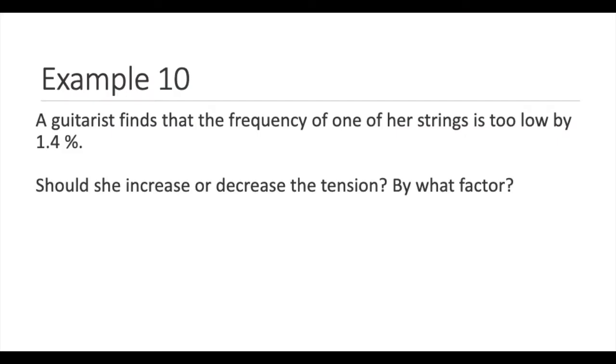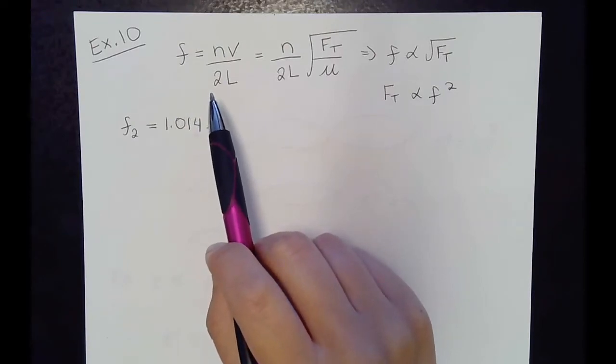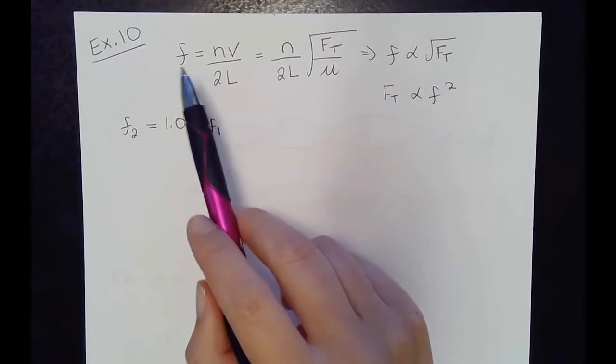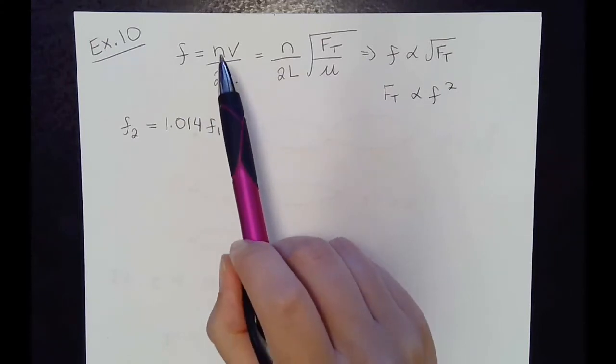Example 10, a guitarist finds that the frequency of one of the strings is too low by 1.4%. Should F_T be increased or decreased, and by which factor? Okay, so we want to figure out how the frequency depends on the tension. So we know f is nv over 2L, and we can plug in for the speed.